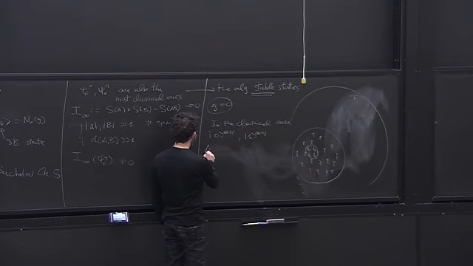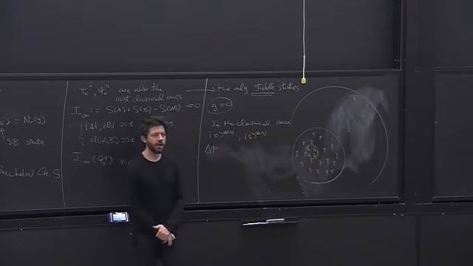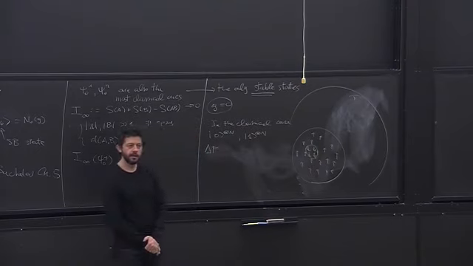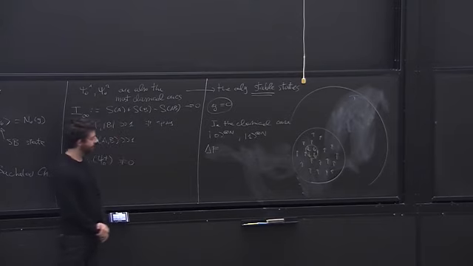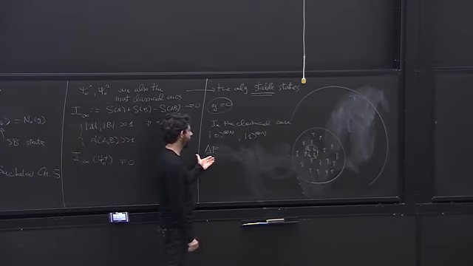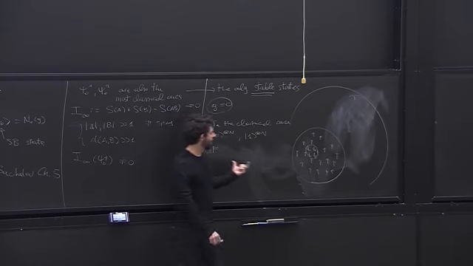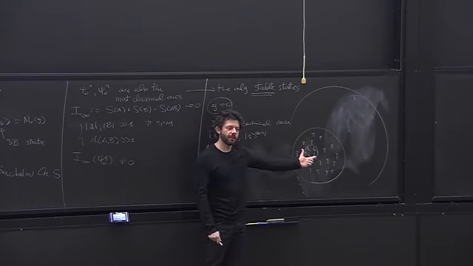So what is the change in free energy? Why do we want to do this? Because we know from thermodynamics that spontaneous processes always lower the free energy. So if we have a big increase in free energy, this process will be forbidden.